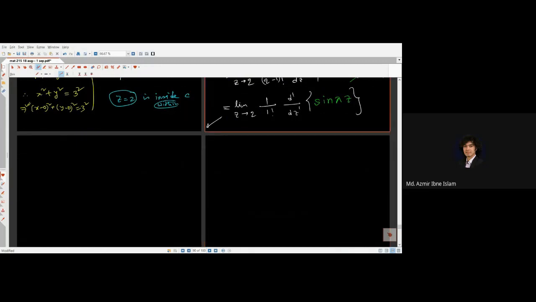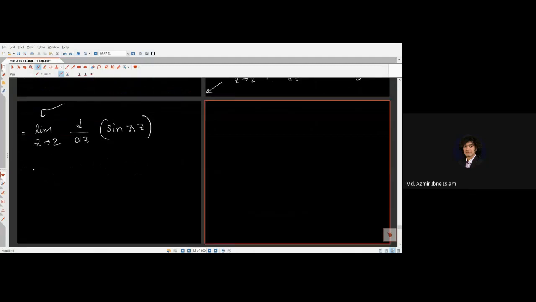So now we can write limit z tends to 2, this is 1, and this becomes d dz, the first derivative of sine pi z. We have to differentiate this function in terms of z, and pi is constant. So we can apply the chain rule, or we can directly solve. If we have d dx of sine ax, what is the formula?